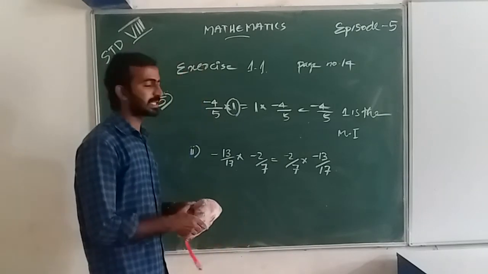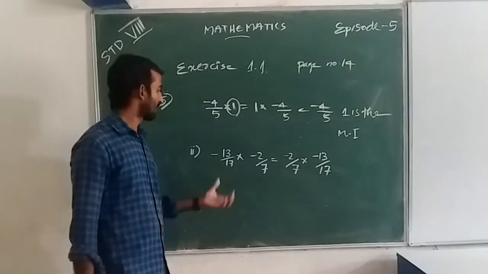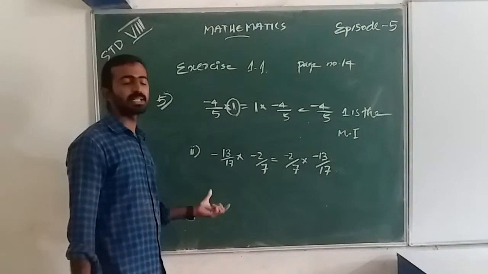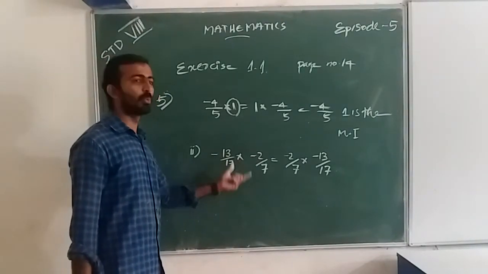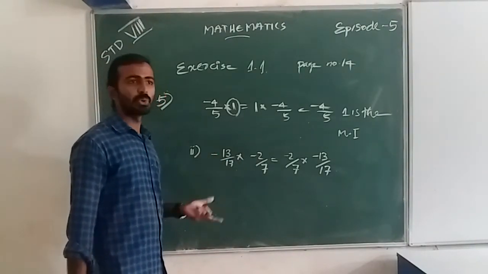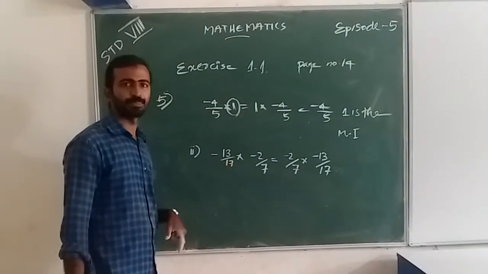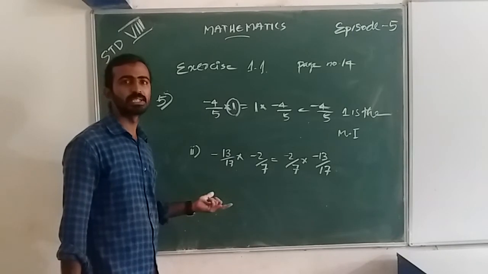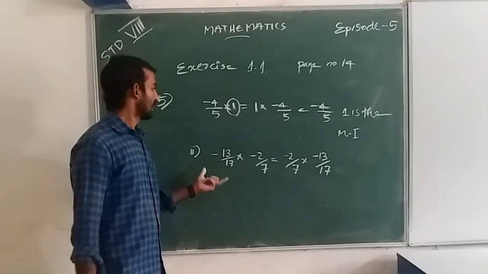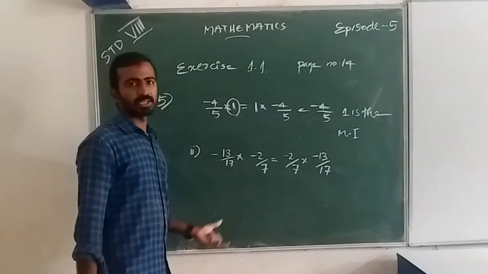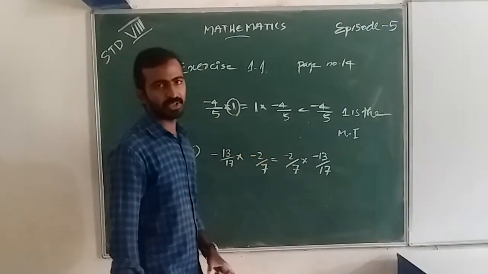Okay, this is the second question. What is negative 13 by 70 into negative 2 by 7 equal to negative 2 by 7 into negative 13 by 70? Is it correct? Yes. Here LHS and RHS are equal.